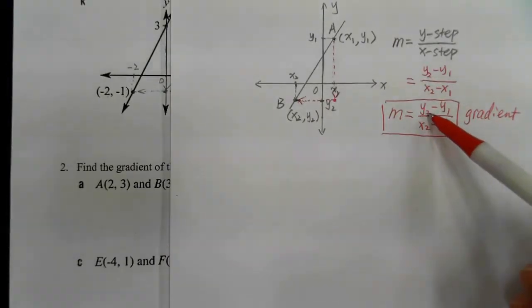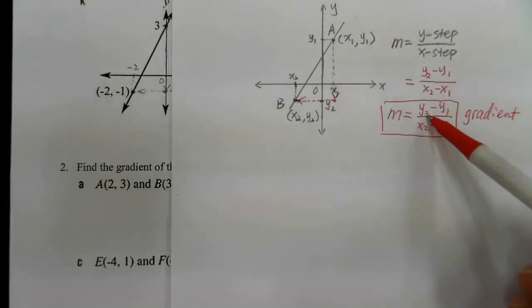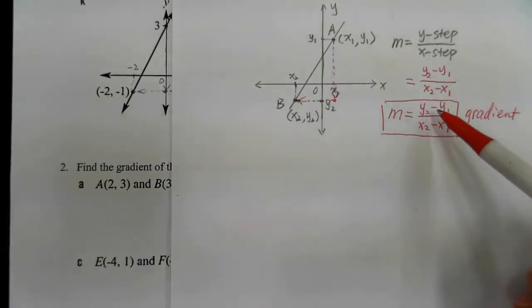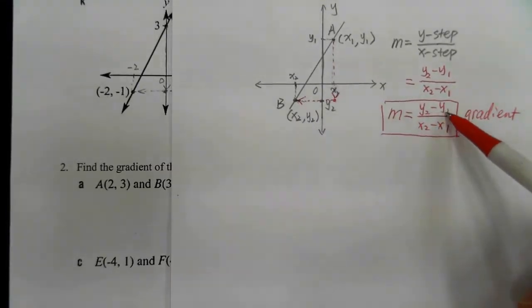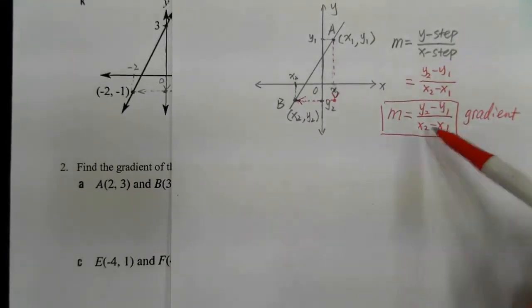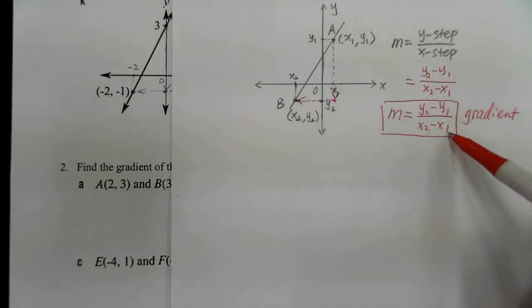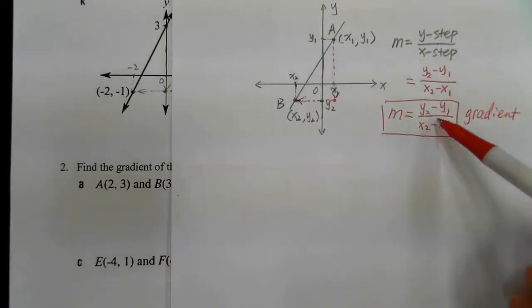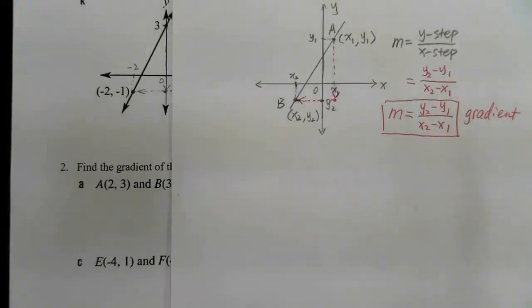This is the ending point of y, and this one is the starting point of y. So you use the ending point take away the starting point, that is the y step. This is the ending point of x, that is the starting point of x, so use the ending take away the starting, that is the x step. Actually, this is another way to express this formula, so there is nothing new here. Just a different way to express gradient.